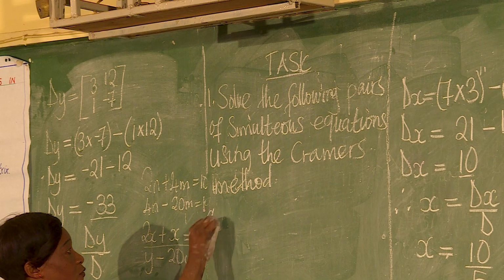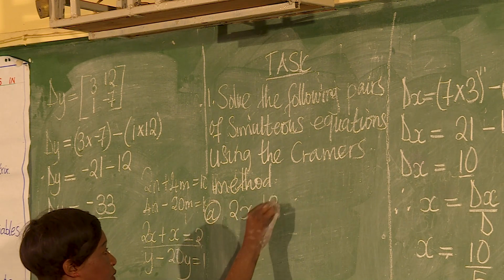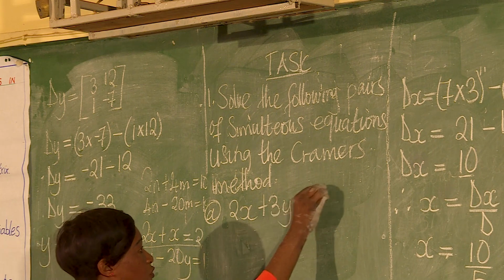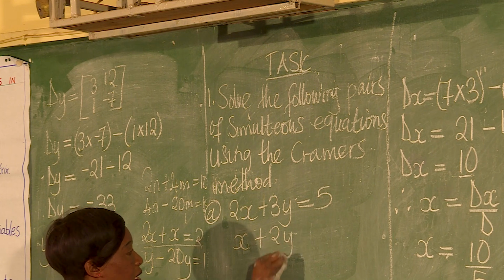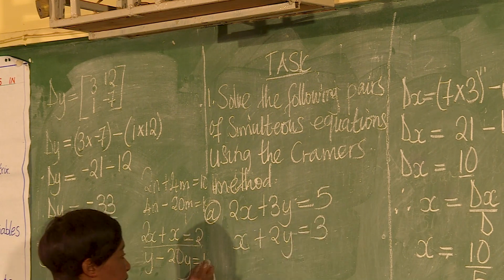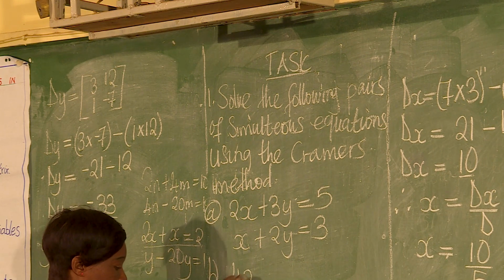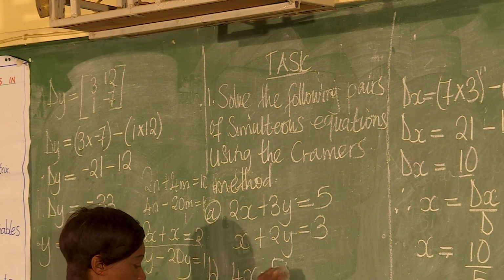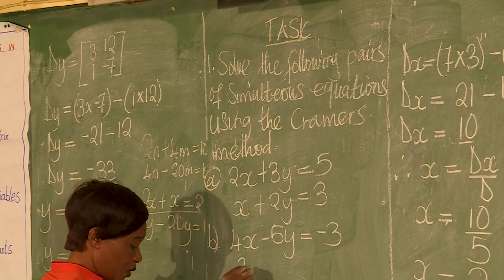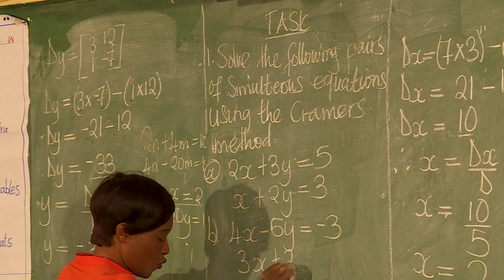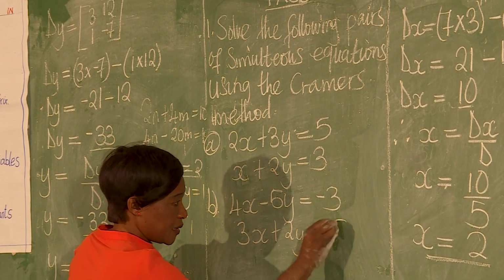Okay, so we have the first one, which is 2x plus 3y is equal to 5. Then we have x plus 2y is equal to 3. Then the second one, which is b, is 4x minus 5y is equal to negative 3. Then we have 3x plus 2y is equal to negative 8.